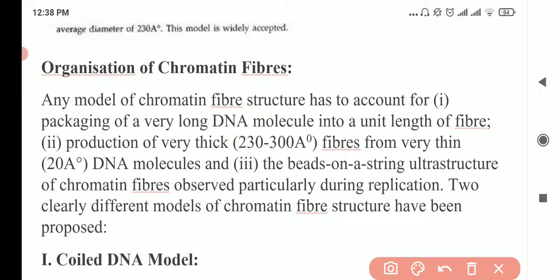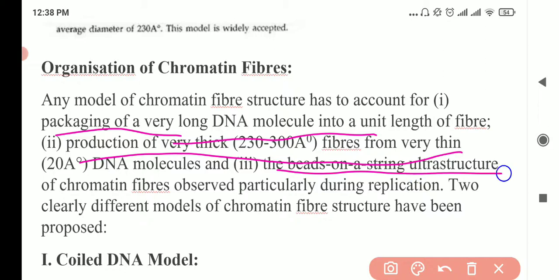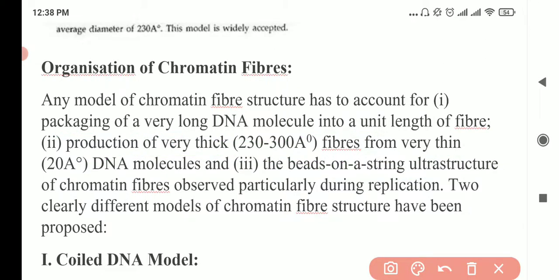So you have to pack a very long DNA molecule into a very short unit. And the fibers have to be very thick, so we have to produce thick fibers from a very thin DNA molecule, and then arrange them in the beads on a string ultrastructure. So this is your basic organization: very long DNA in a small unit, from thin fiber produce something thick, and then beads on a string ultrastructure by coiling.